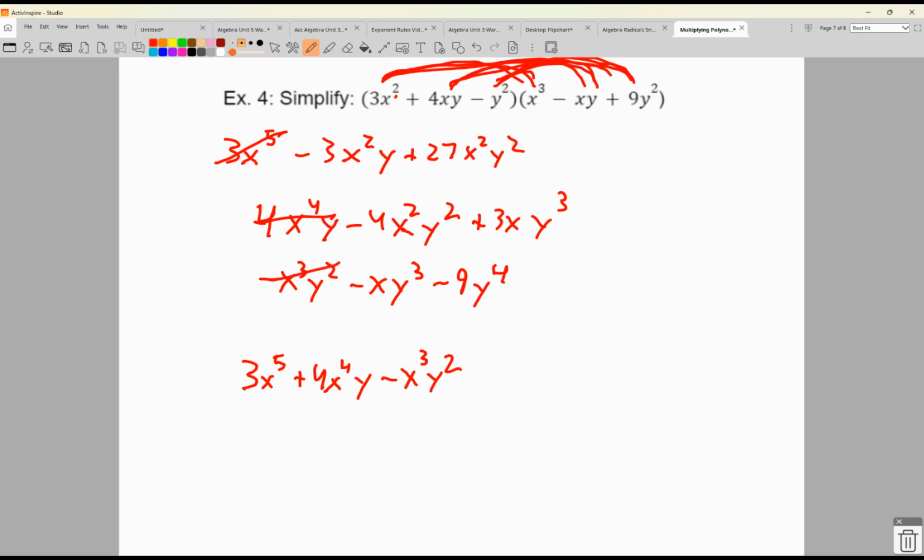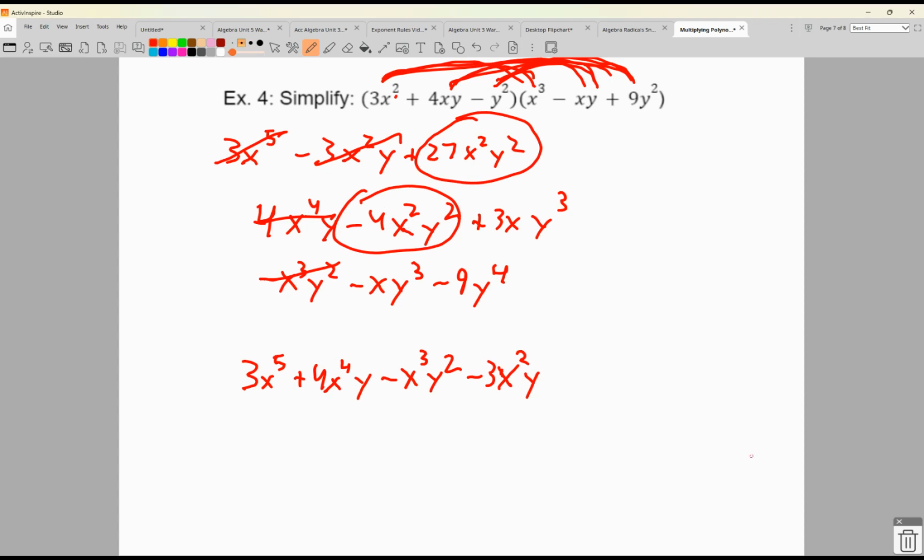Let's see. I've got negative 3x squared y. I don't have any other x squared y's, so that's negative 3x squared y. And then I've got x squared y squared here, and I've got x squared y squared here.